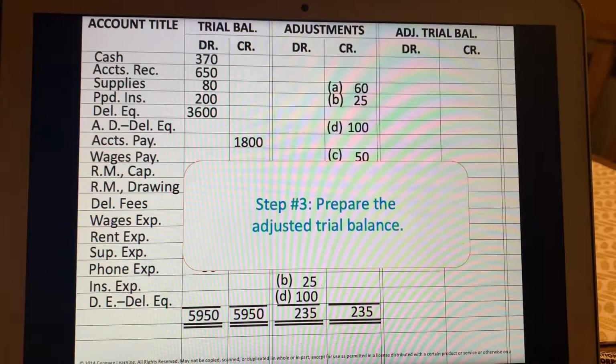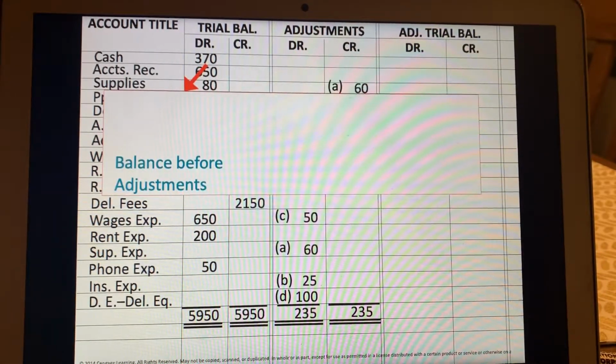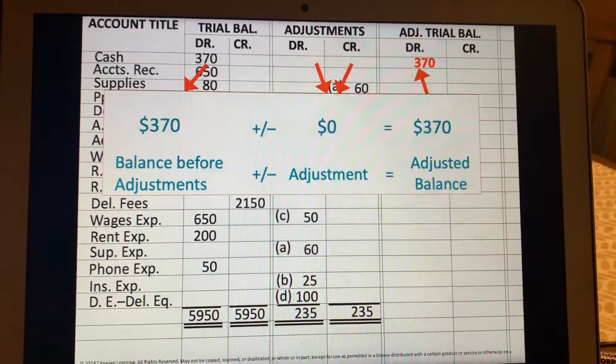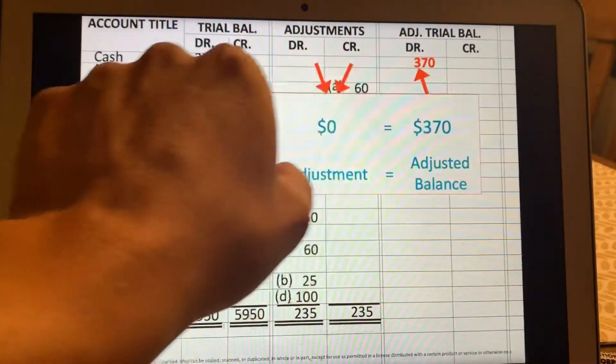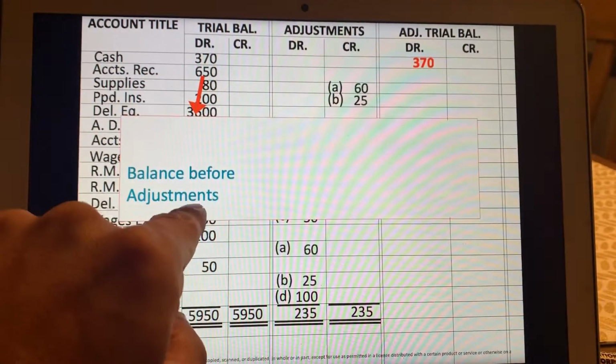Now, step 3 is prepare the adjusted trial balance. Okay, so this is the balance before the adjustments, 370 plus or minus adjustments. So here's what this is going to look like. So 370, we don't have any adjustments, so 370 comes over here. Next one is 650. Oh, hang on, where'd it go?